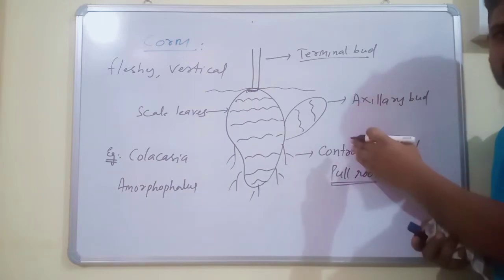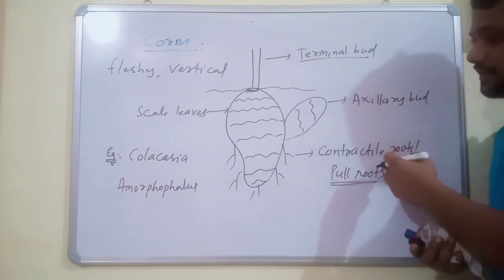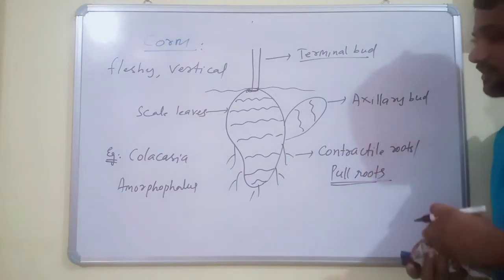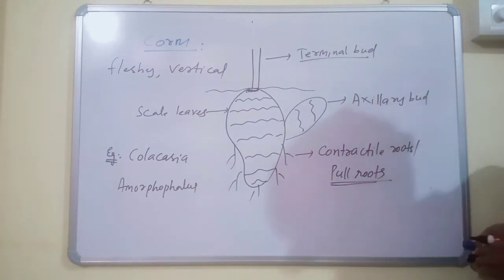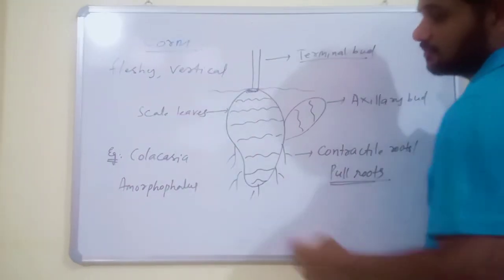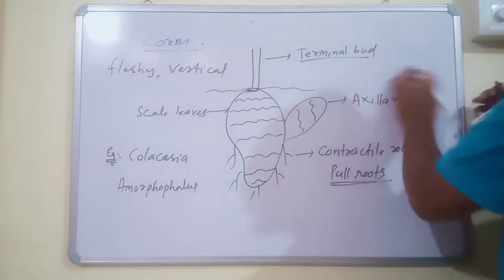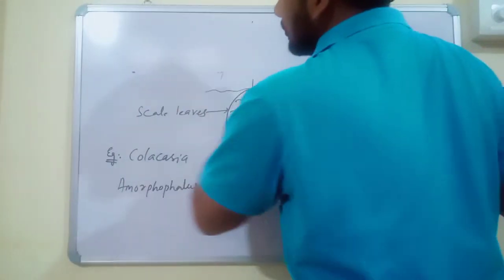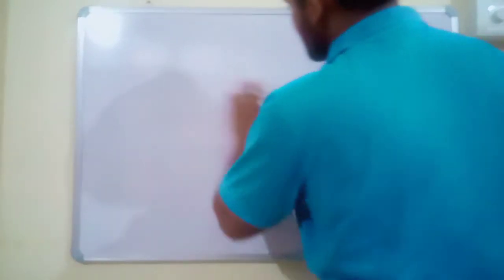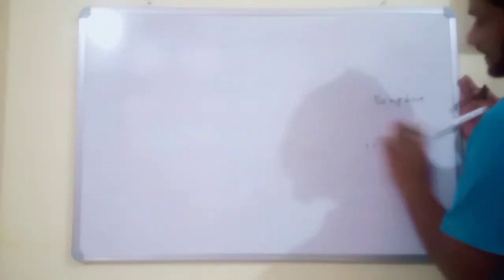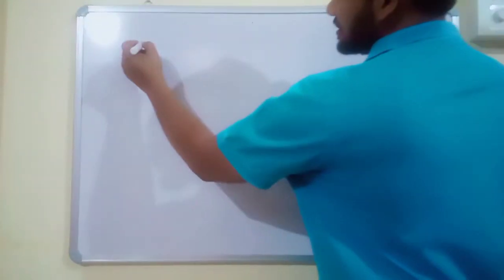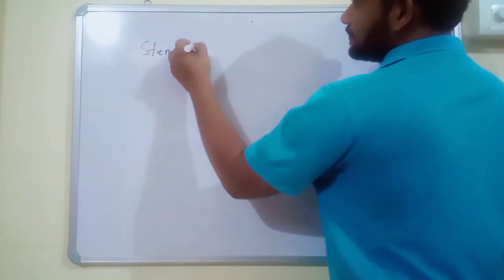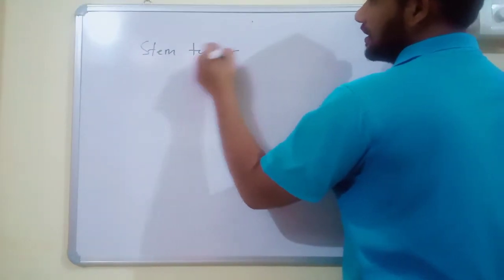In corm, adventitious roots may be present or absent. So examples: Colocasia and Amorphophallus. This is the second underground stem modification. The third one is stem tuber. Next underground stem modification is stem tuber.